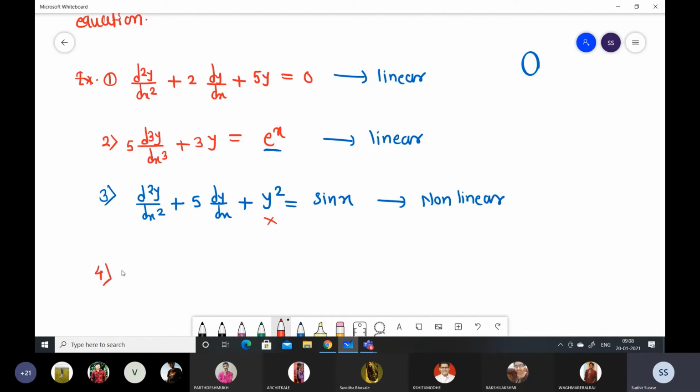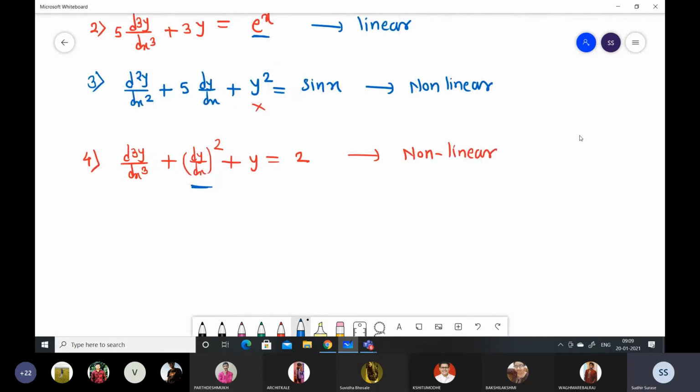Now fourth example, d cube y by dx cube plus dy by dx whole square plus y is equal to 2. Now this is also non-linear because here you can see the second term, power is 2. This is also not allowed, right? So that's why it is non-linear.